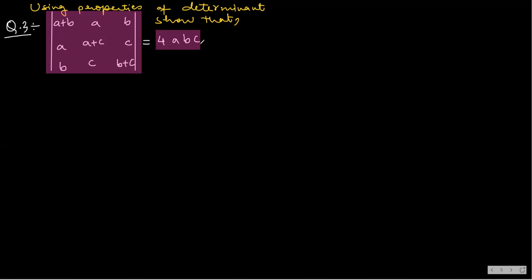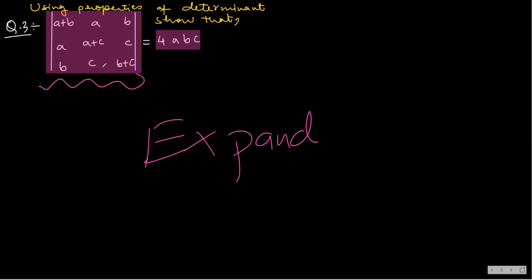Okay, in this question we have to use the properties, but what is important, nowhere they have said without expanding. What does it mean? It means you are free to expand. I will start with left hand side and I'm free to expand.